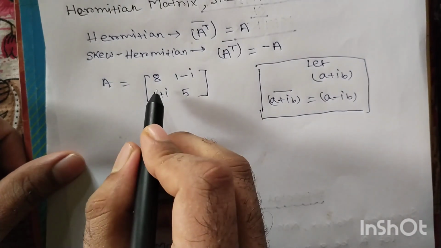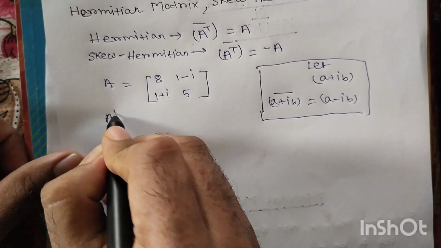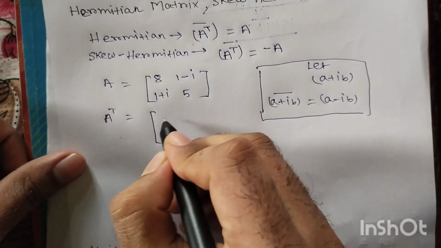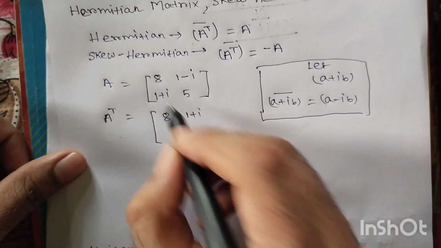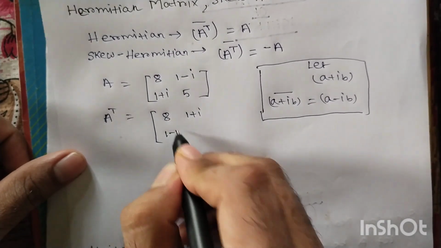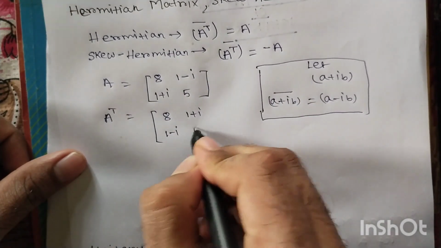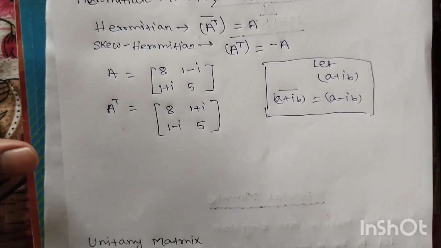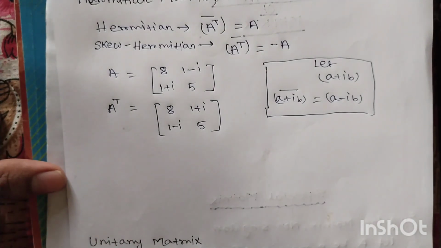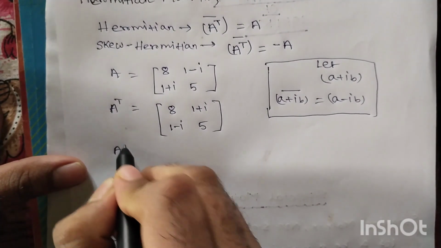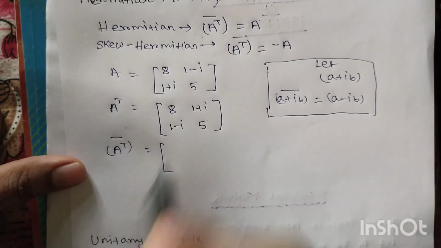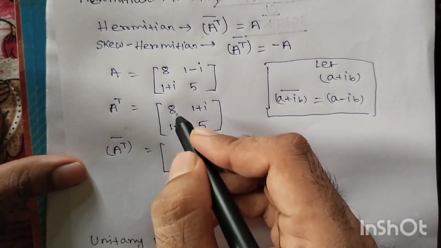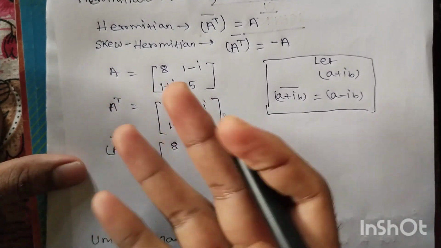okay. So here is the matrix A. I take this matrix. The transpose of this matrix should be: make each column to each row, 5. Okay, then conjugate each element of that matrix. Since 8 is only a real number, the conjugate of a real number is equal to that real number.